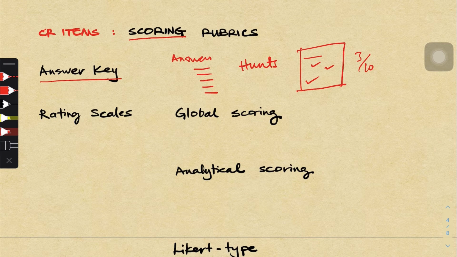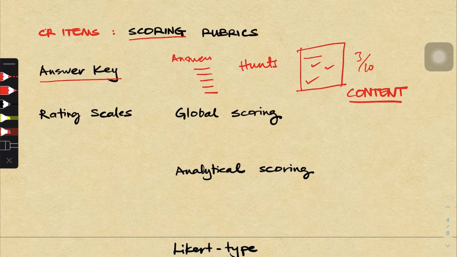The answer key is necessary, but it focuses just on the content of the answer. What about the other things? That is what is usually lacking in the essay scoring exercise in Malaysia.